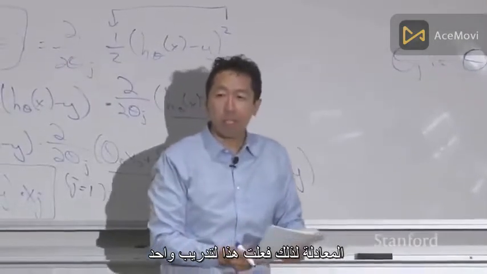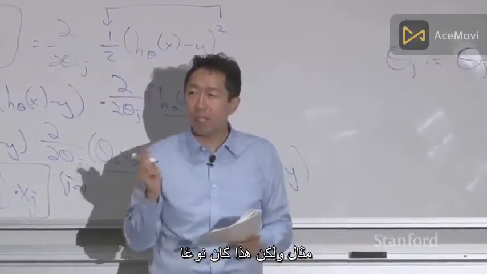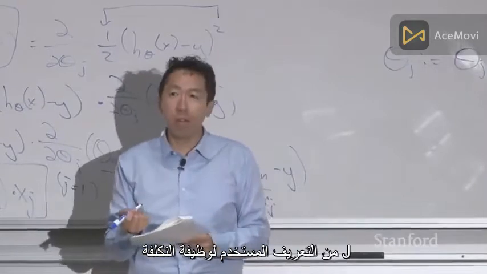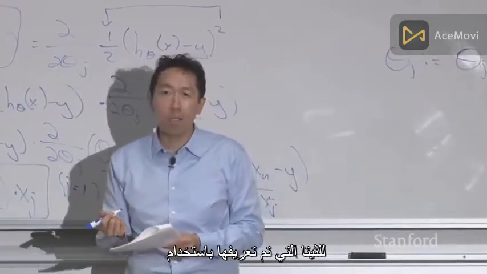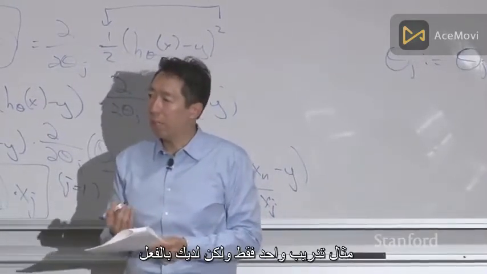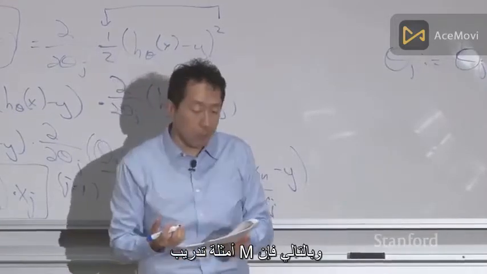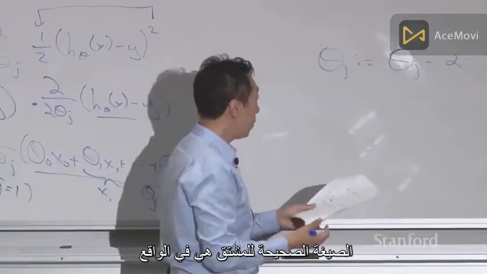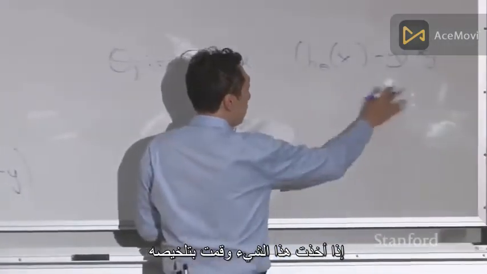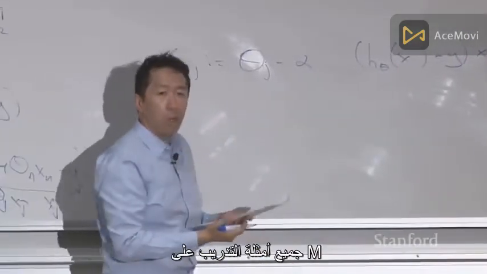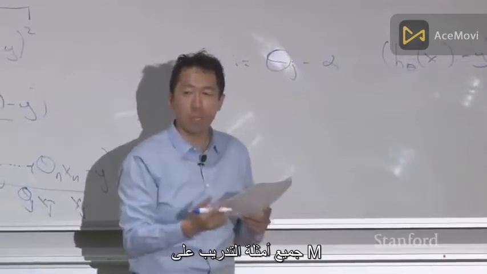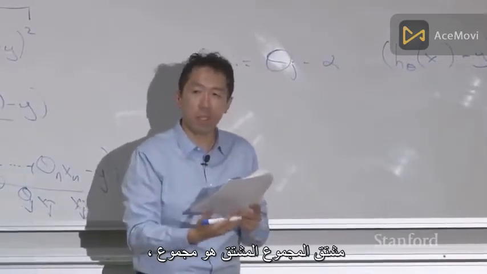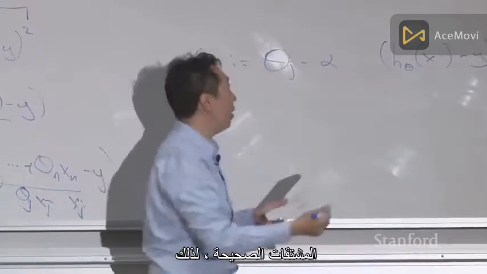So I did this for one training example, using the definition of the cost function j of theta defined using just one single training example. But you actually have m training examples, and so the correct formula for the derivative is to sum this thing over all m training examples, since the derivative of a sum is the sum of the derivatives, right?